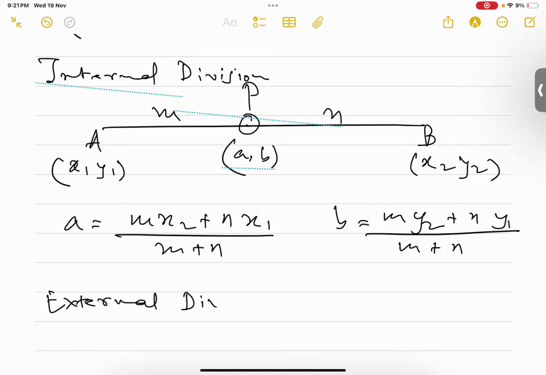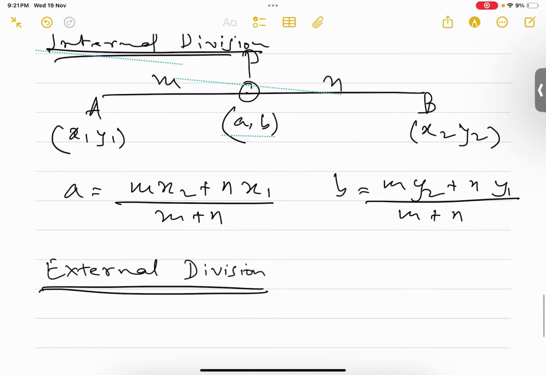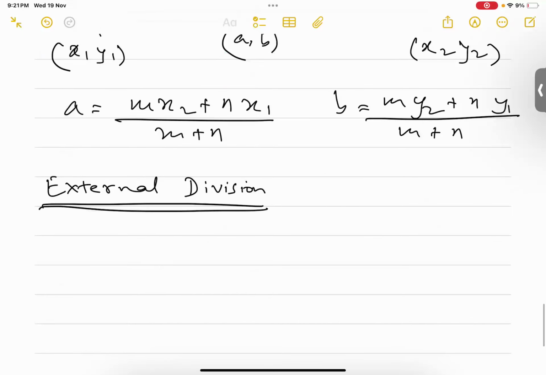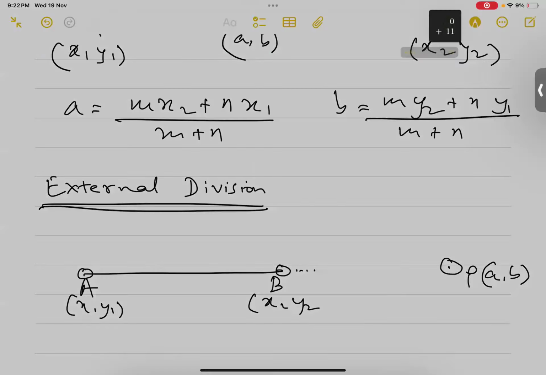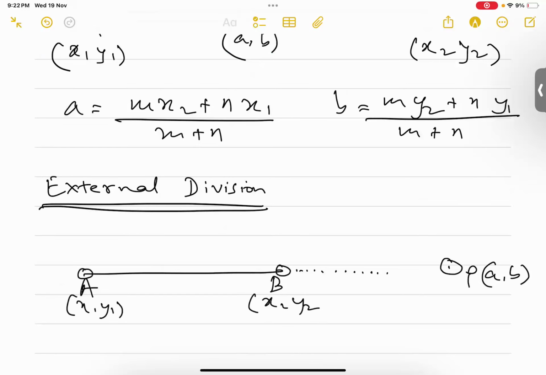External division. This is AB. Okay. And point P is over here with coordinates small a and b. This is x1, y1. This is x2, y2. So P divides AB externally.